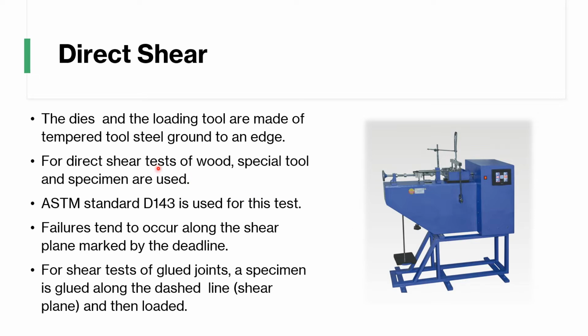For direct shear tests of wood, we use a special tool and specimen. We're going to follow ASTM D143 for this test, a little bit different from the previous slide. Sometimes you're going to have failures along the shear plane. For a shear test with glue joints, a specimen is glued along the dash line, and that dash line is on the shear plane, and then you're going to load it.